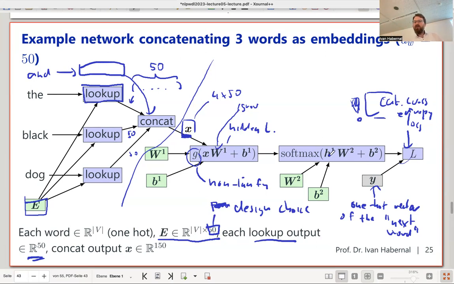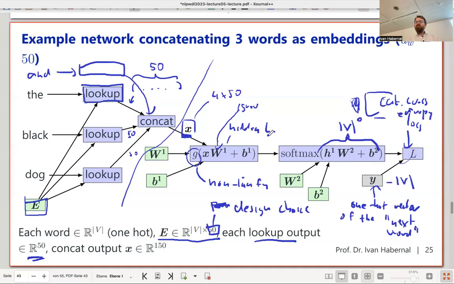You have to make sure that the output of this also matches some dimension, because here this will be of size of the vocabulary. So this also has to be the size of the vocabulary. So you have to make the output of this linear projection match.